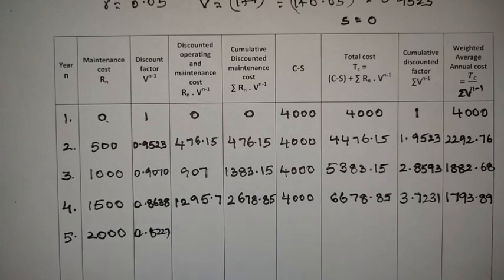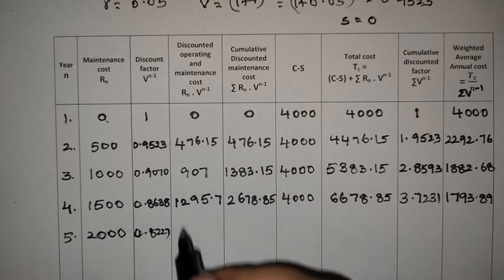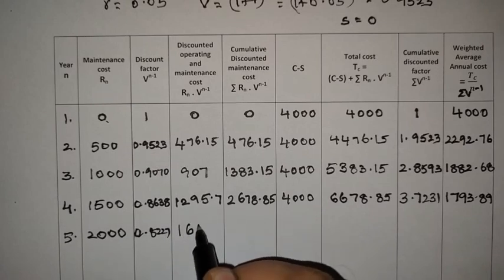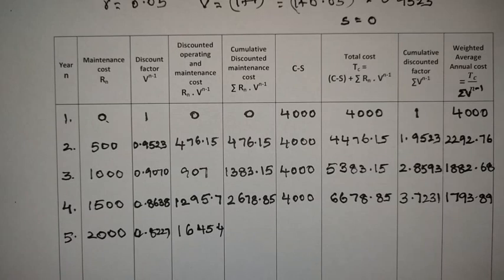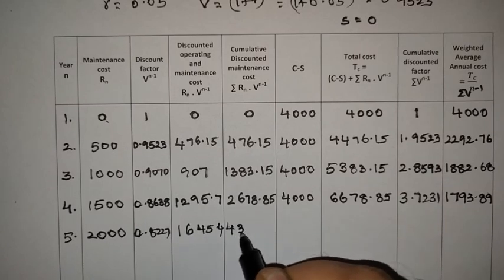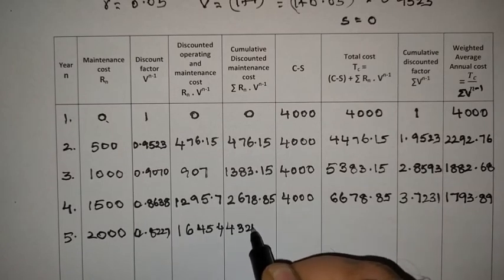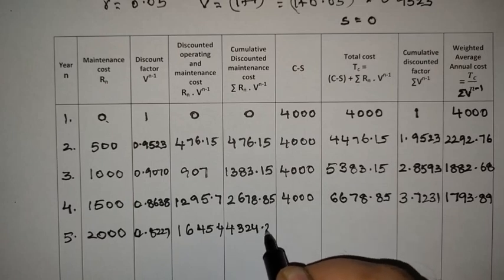Rn into V power n minus 1 gives 1,645.4. Sigma value, adding these two terms, gives 4,324.25.